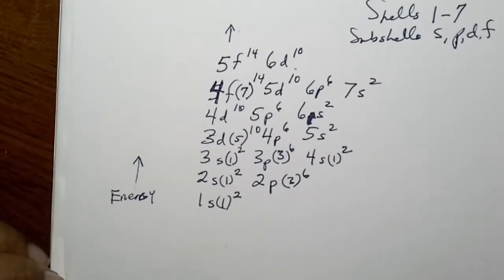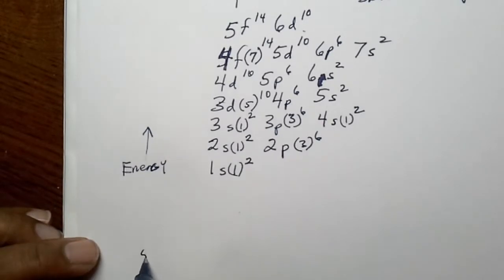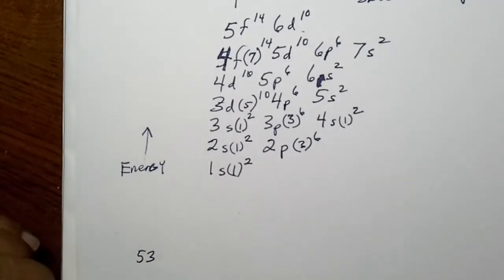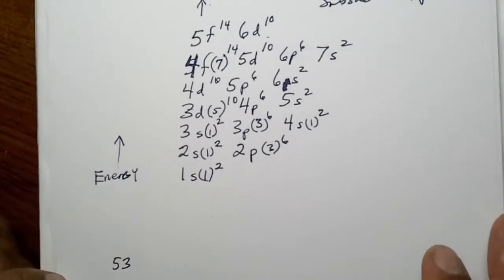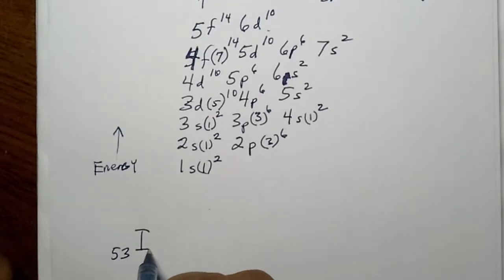Okay, so let's see, what element, go to the periodic table, has 53 electrons. Of course, you know I'm going to tell you, but I'll give you time to look. Alright, that element is iodine. Alright, you looked at your periodic table.